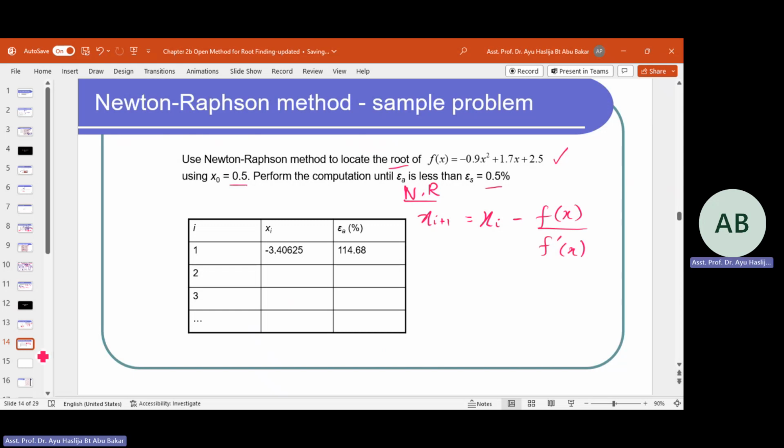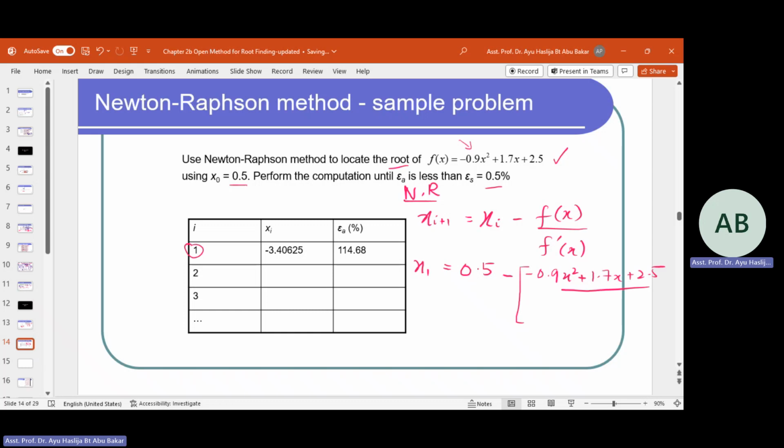So using your starting point, which is 0.5, now we want to find the x1 over here. So x1 is 0.5 minus f(x). f(x) is the one that is provided to you, the function. So you plug into this f(x), substituting the x value with 0.5.